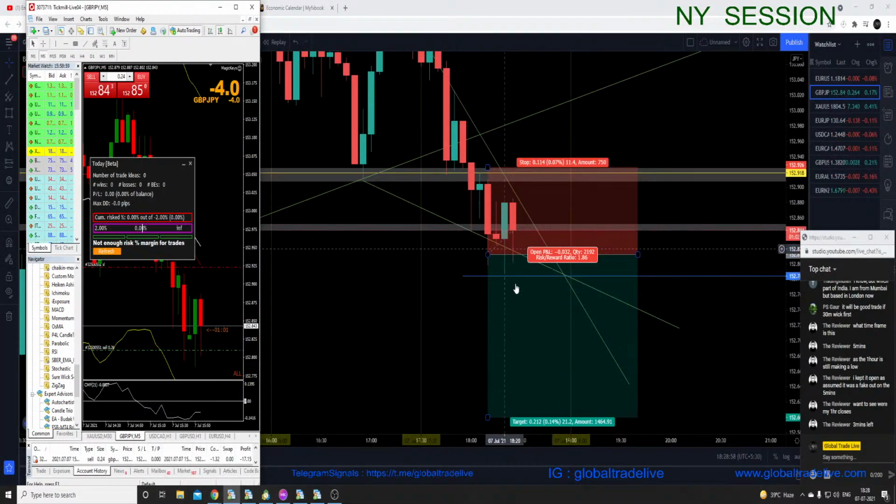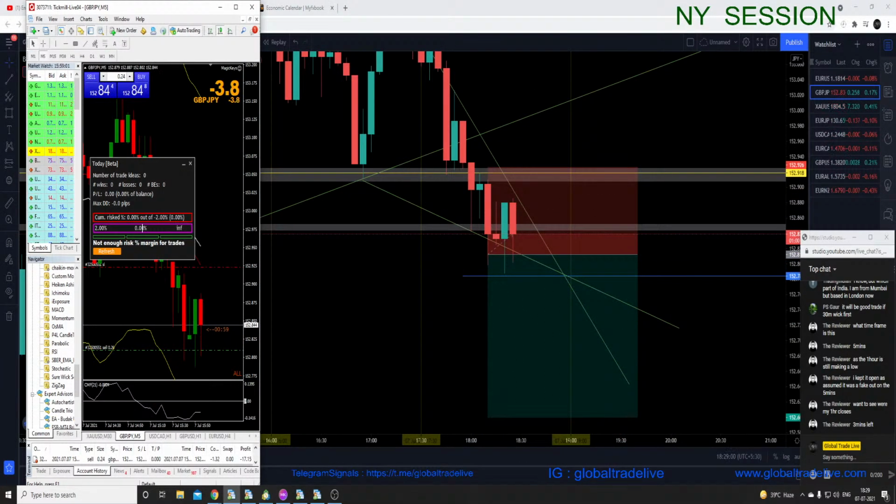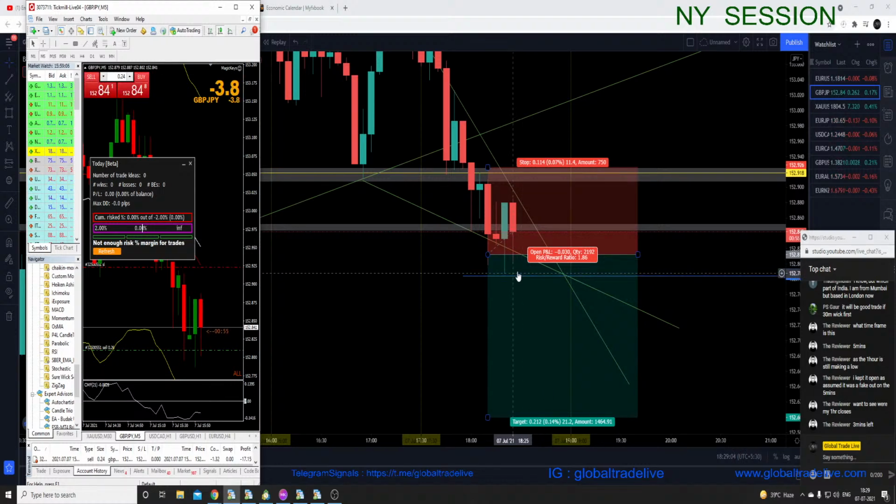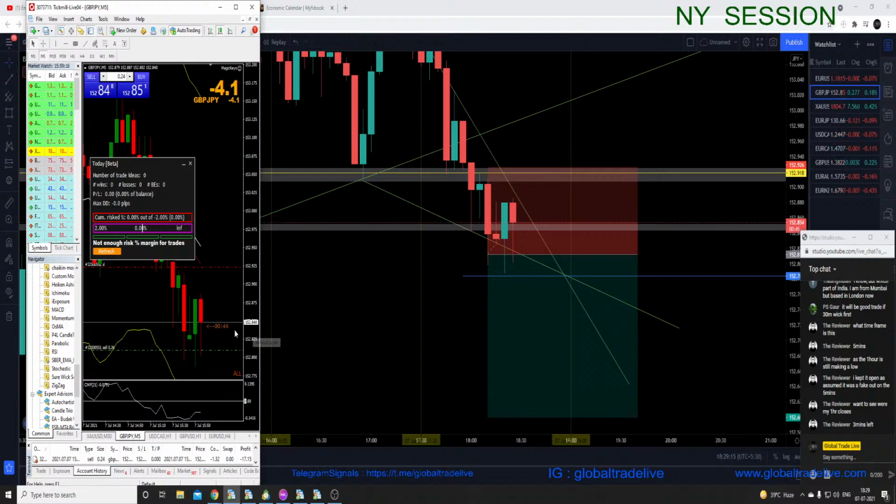But I'm only executing these trades over here once it crosses below this price over here, only after that, not before that. So look, it just came close to this and rejected all the way, and it's going up. So it just needs to stay below this area of resistance at this point.